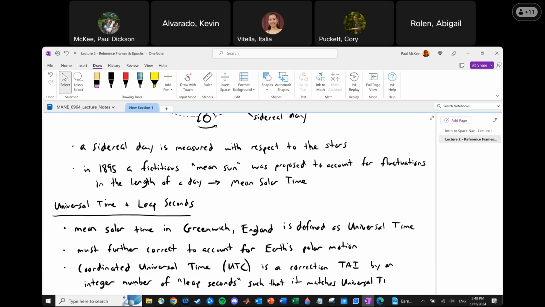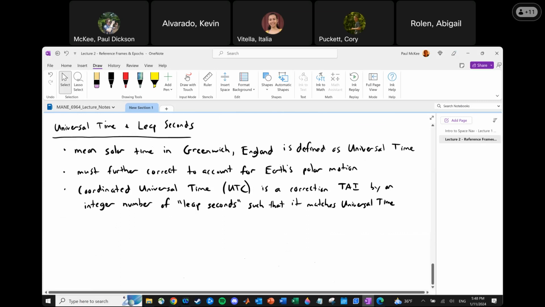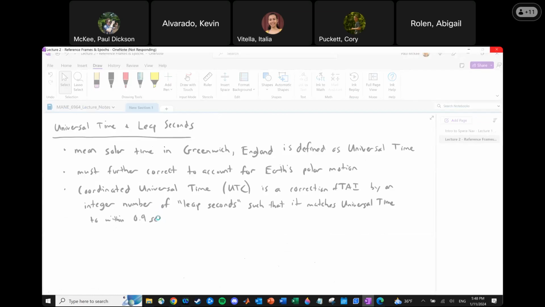I'm going to scroll down here, bear with me. Sorry. UTC is a correction of TAI by an integer number of leap seconds such that it matches universal time to within 0.9 seconds. Oh, there we go.